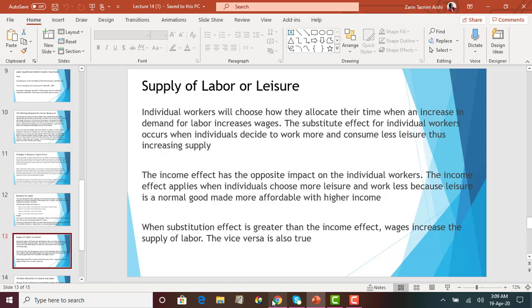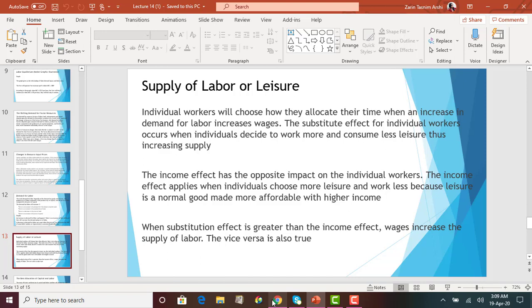Again, the difference between the substitution effect and the income effect will determine the ultimate supply of labor. I don't want you to confuse these: under the demand for labor, there are two effects, the substitution effect and the output effect, which compares labor to capital.